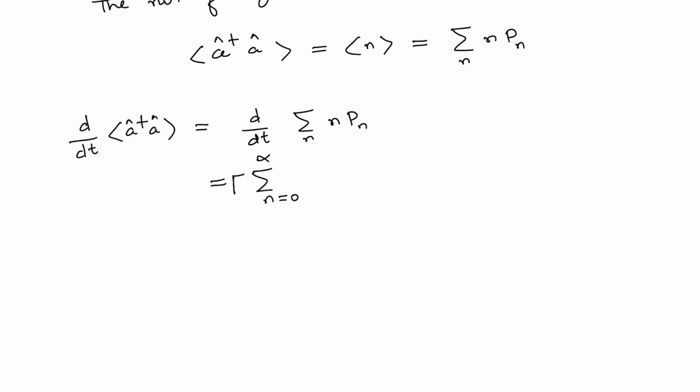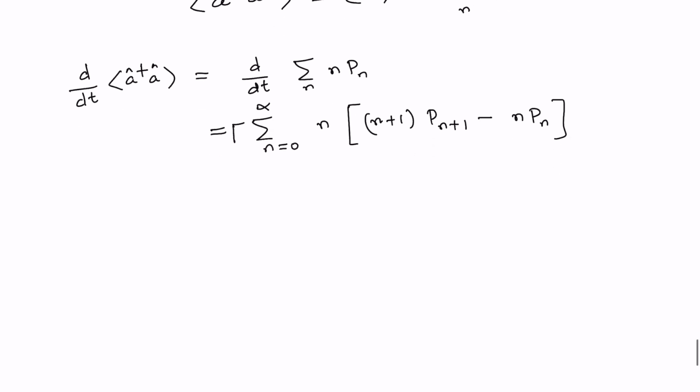Let me take the decay rate outside, and here in the bracket I have p_n dot equal to (n+1) p_{n+1} minus n p_n.